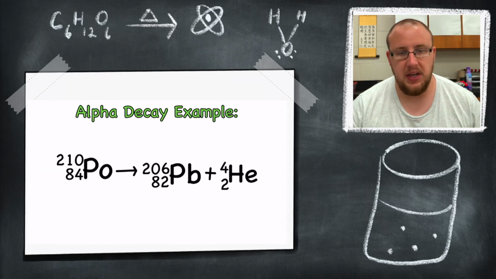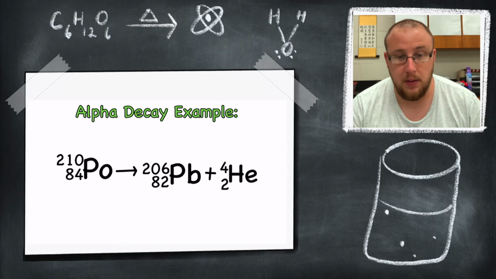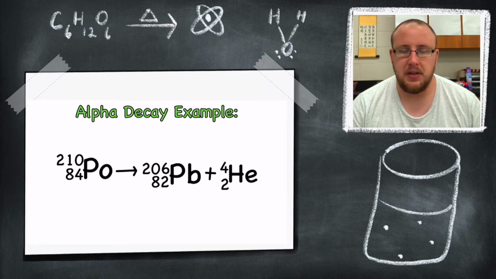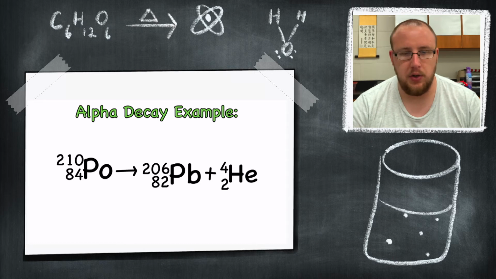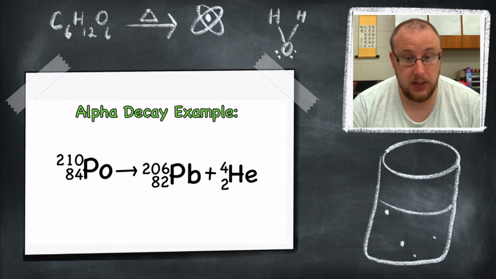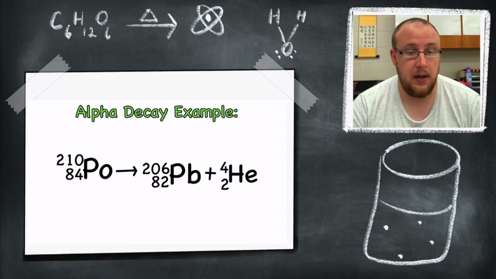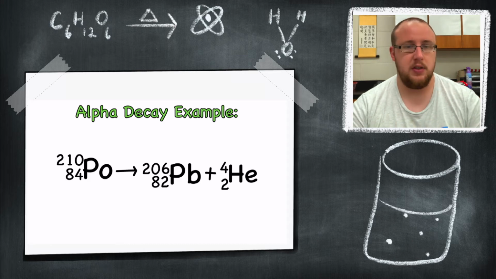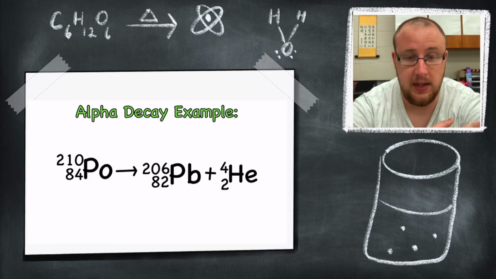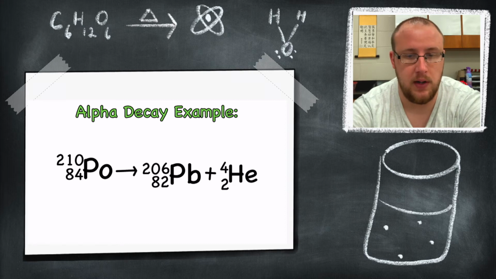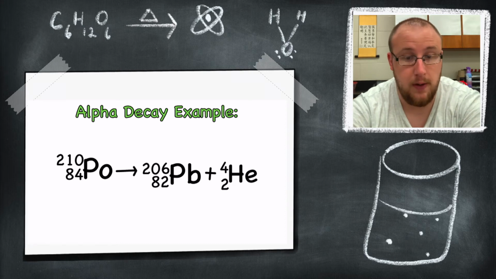We have polonium-210, 210-84Po, and it is going to decay and turn into lead-206, 206-82Pb, and an alpha particle. Some key things we want to see here: first of all, we see that it is alpha decay because we have our 4,2 helium, or our alpha particle.